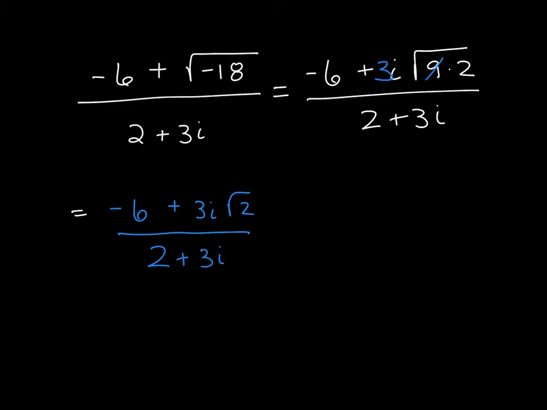Now again, I can't leave that because I have an imaginary number in the denominator. So I multiply by what is called the conjugate. So I multiply the numerator and the denominator by 2 minus 3i.